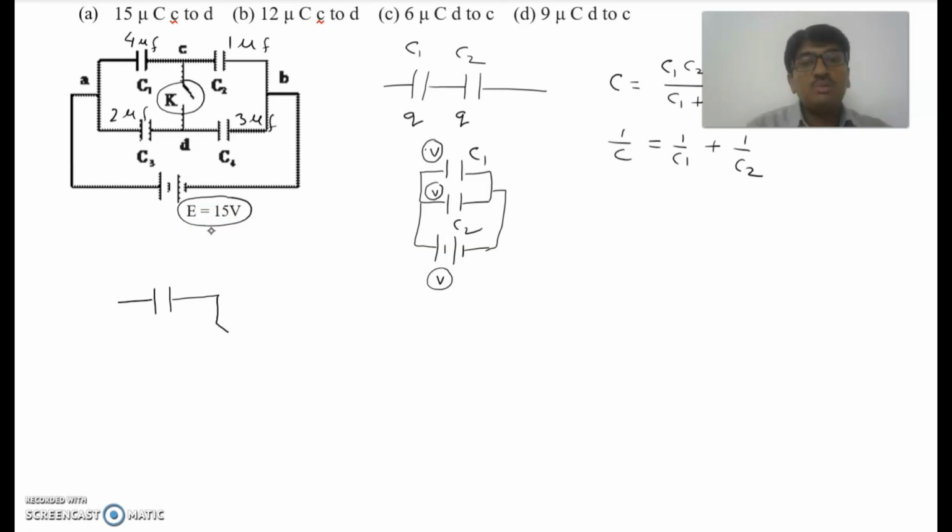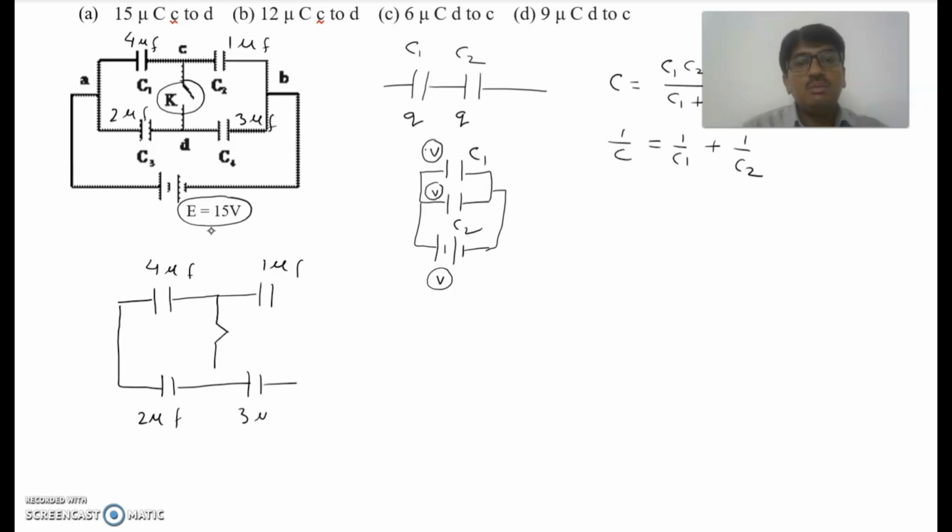This circuit becomes closed. This is a capacitor, 4 microfarad. This is 1 microfarad. This is 2 microfarad. And this is 3 microfarad.